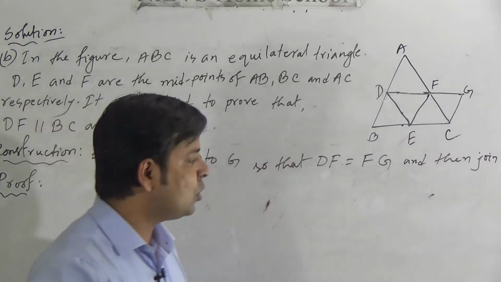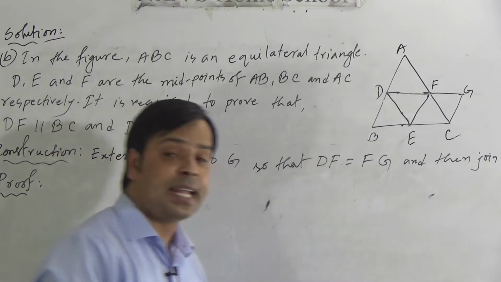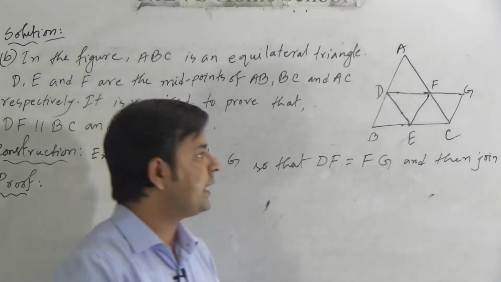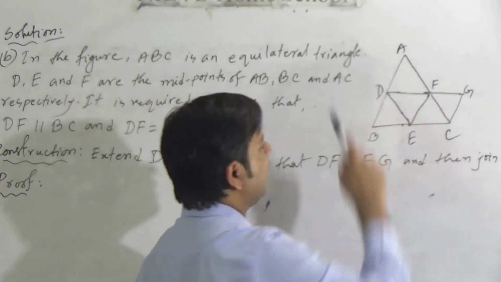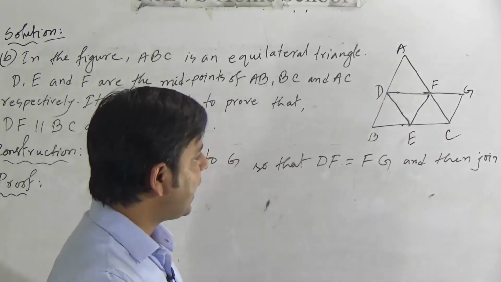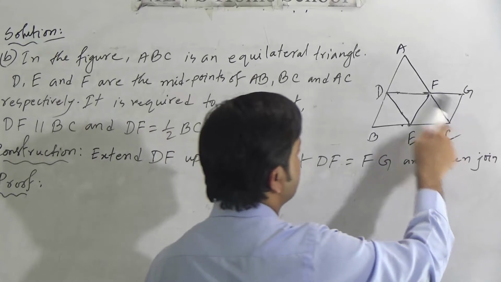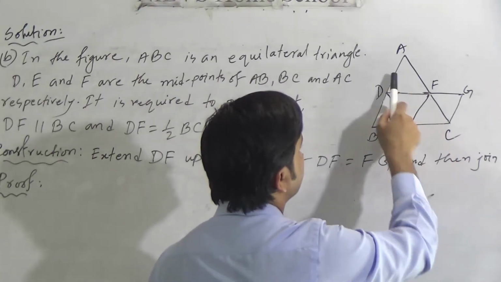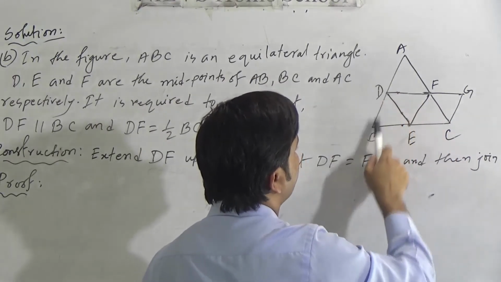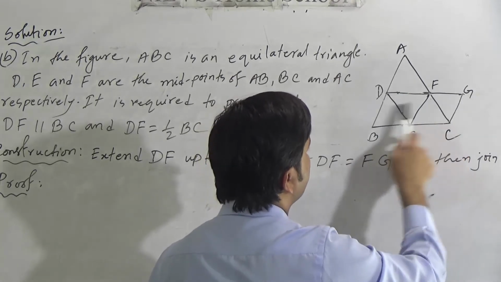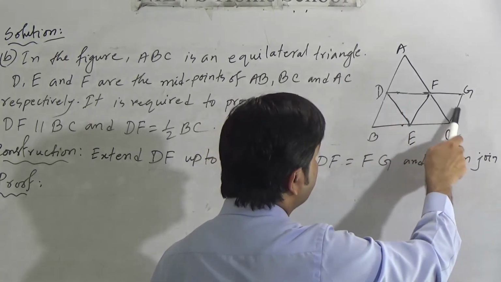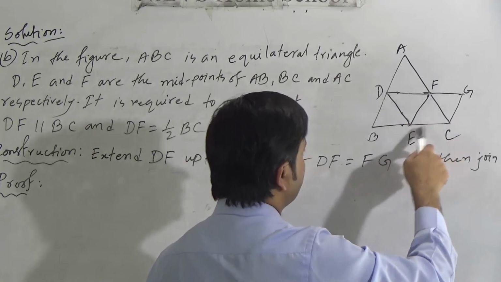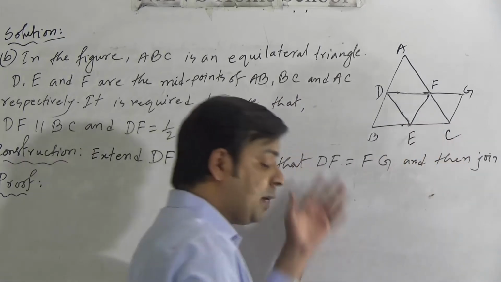So according to the side angle side theorem of congruency, these two triangles will be congruent. Then CG is equal to AD. As AD and BD are equal, CG and BD are equal. And then we need to prove these two are parallel.